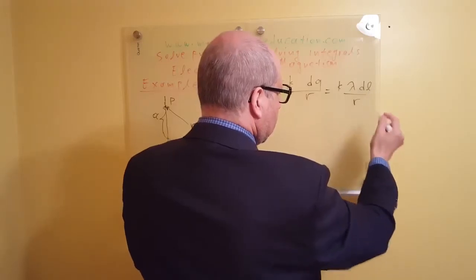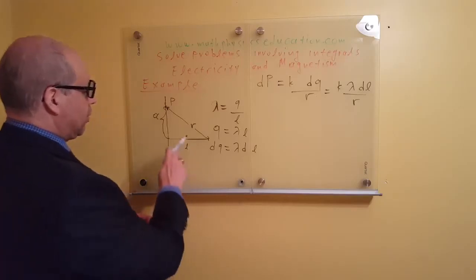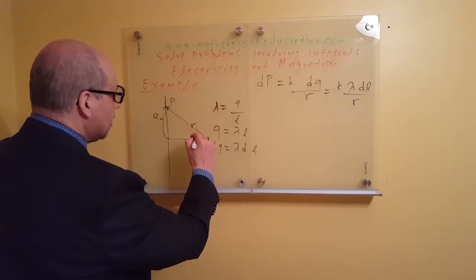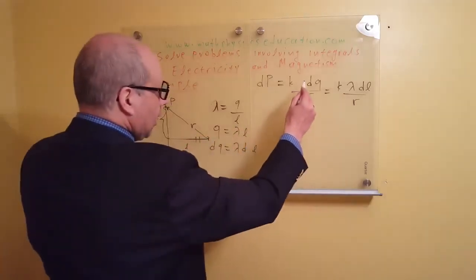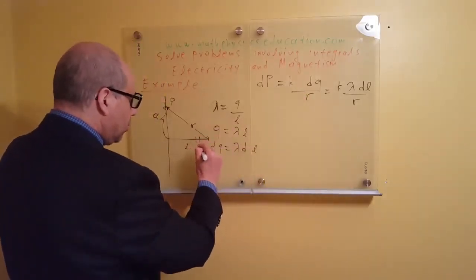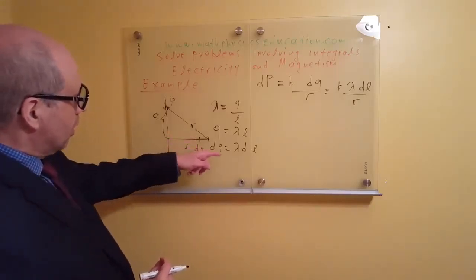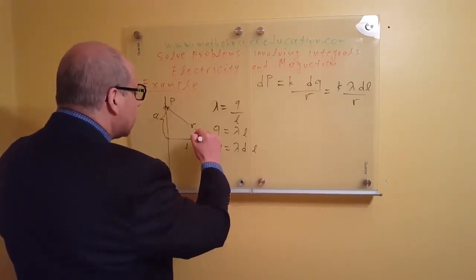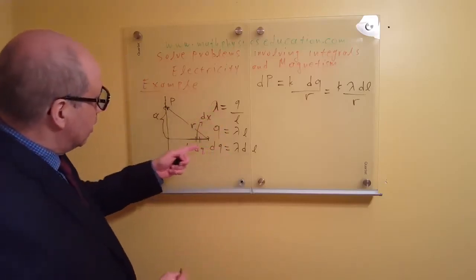So the variable in which we have to express this integral has to be x, which is the distance from the beginning of the rod, or from the origin, to the point where this dQ is. How do we do that?